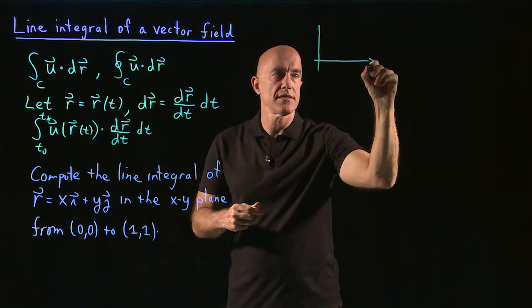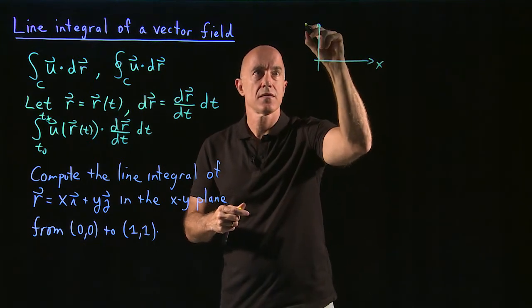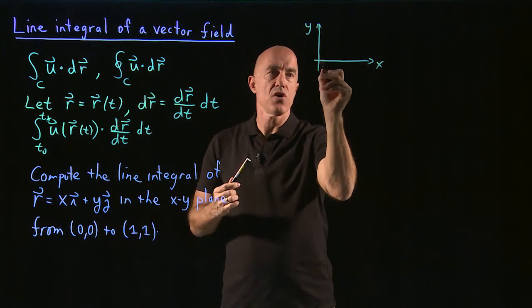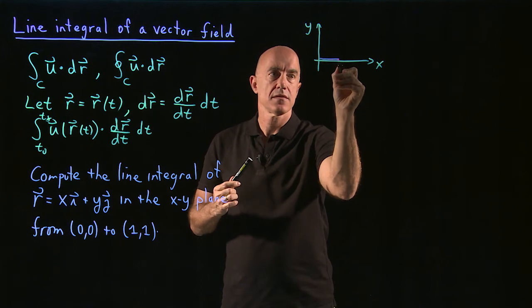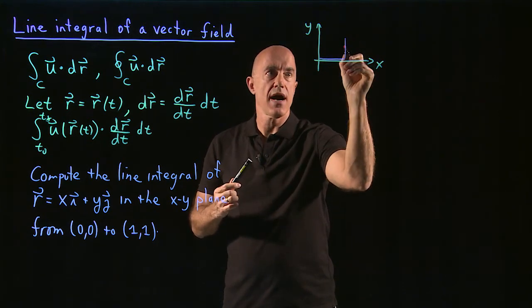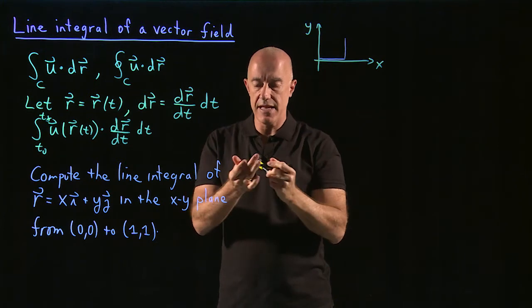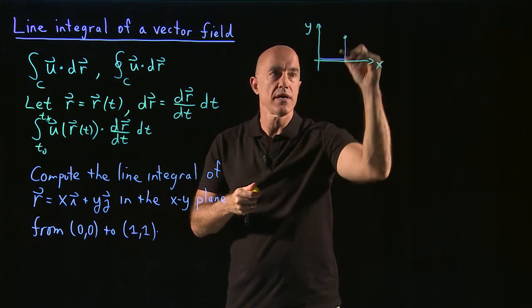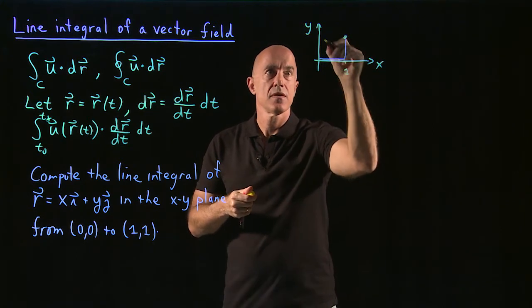So let me show you what two possible paths are. So this is x and y. One possible path would be to go along the x-axis and then go along the y-axis. So we're getting to the point 1,1. So here is 1,1. So this is 1.